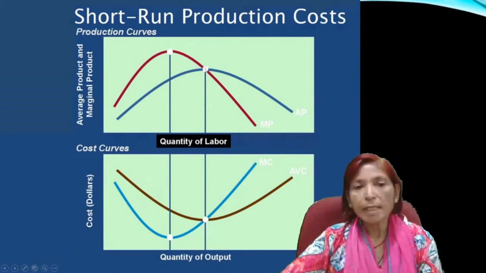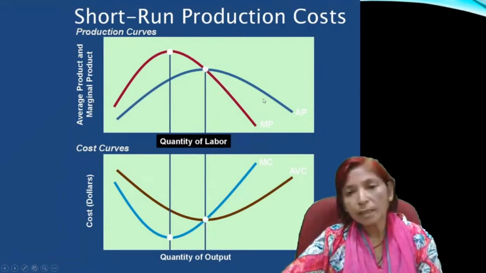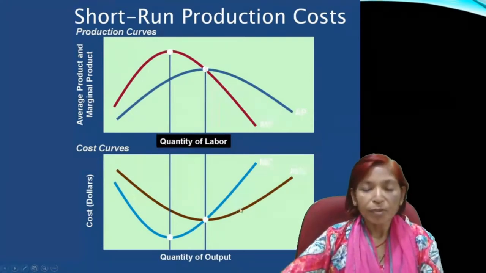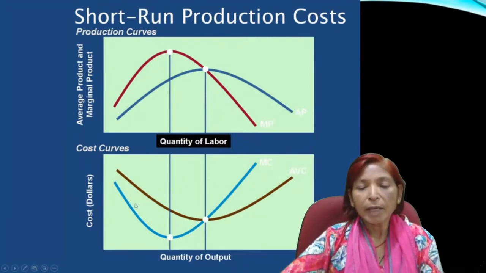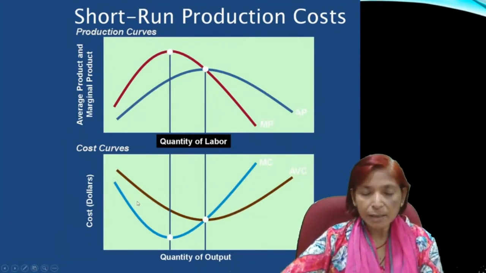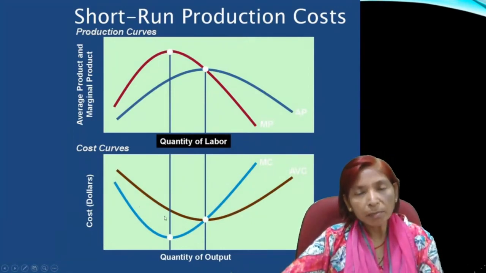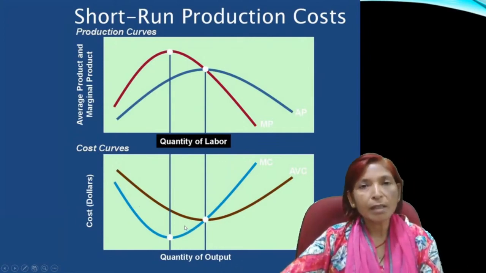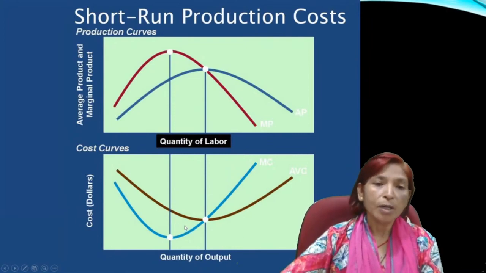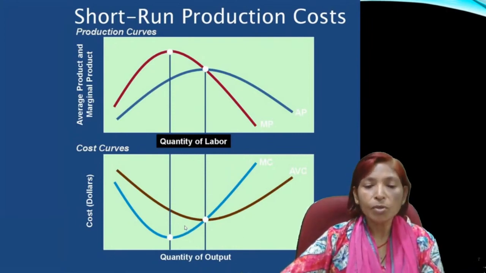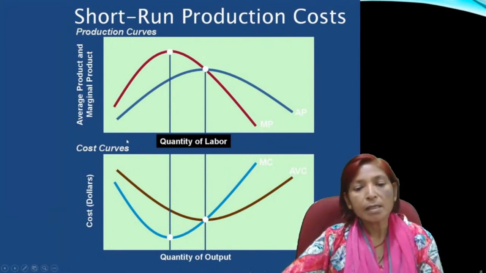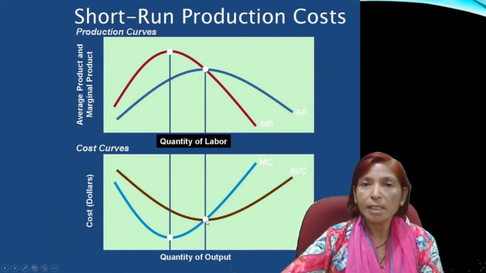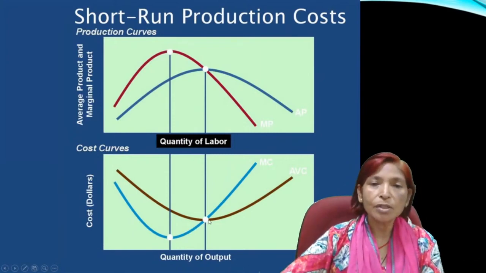When production becomes maximum, cost will be minimum. When production starts falling, cost will rise. So cost is in the beginning always in a falling trend, then cost becomes minimum, and at last cost starts rising. That's why the cost curve is a direct U-shaped curve and the production curve is always a reverse U-shaped curve. So this is the AVC curve and MC always cuts AVC or AC at its lowest point.